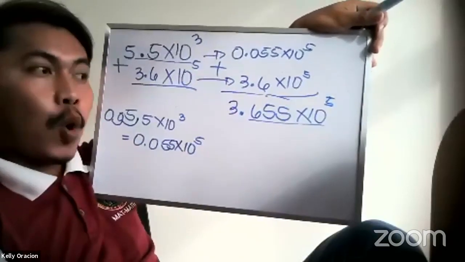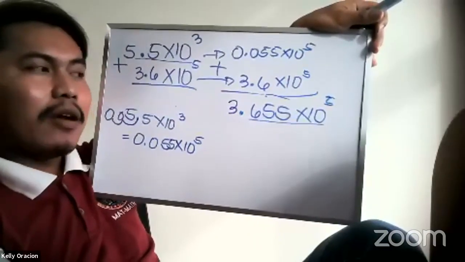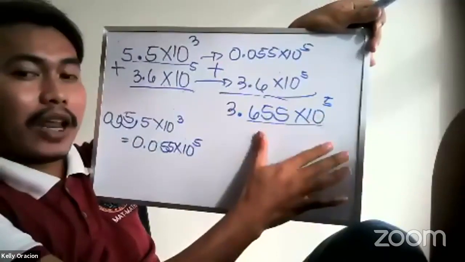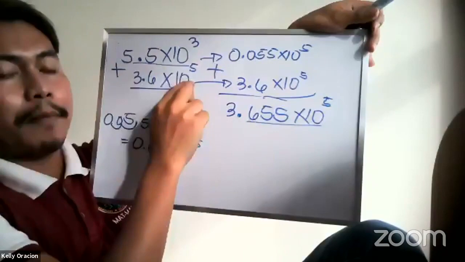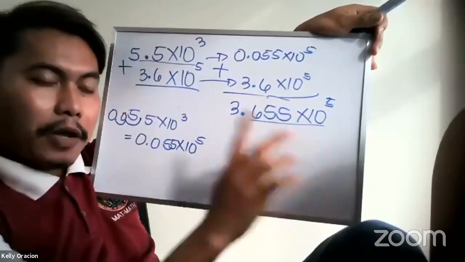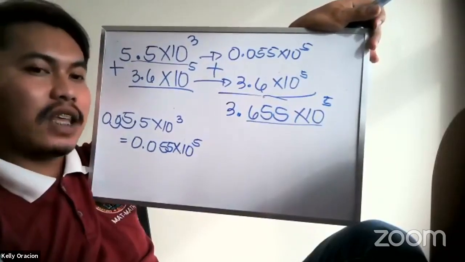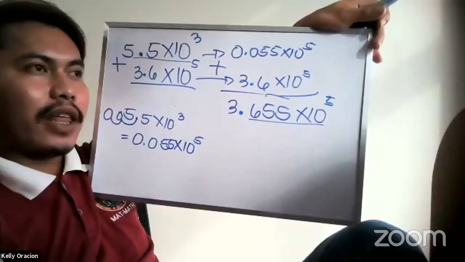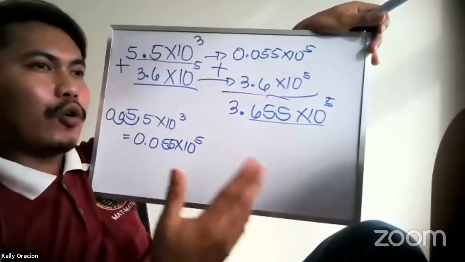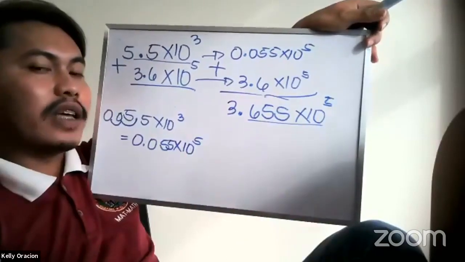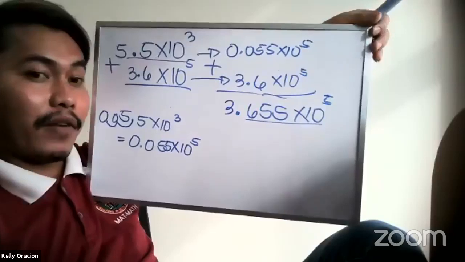Para diretso na siya. Kasi pag i-follow ninyo yung mas maliit na exponent, i-copy ninyo, you have this. Pero take note, we need to follow the standard form of scientific notation. Again, the final answer should always follow the standard form of scientific notation.